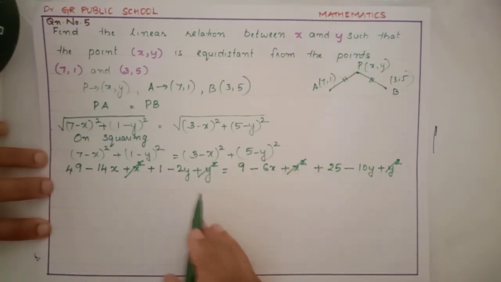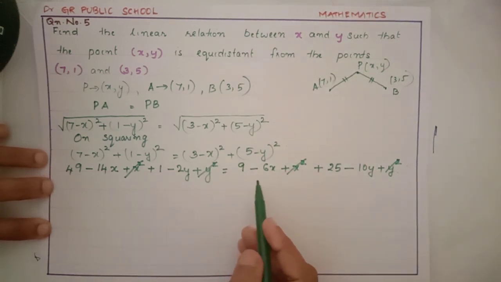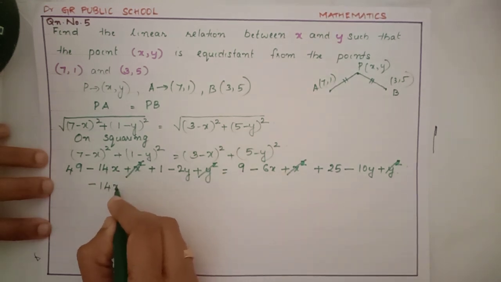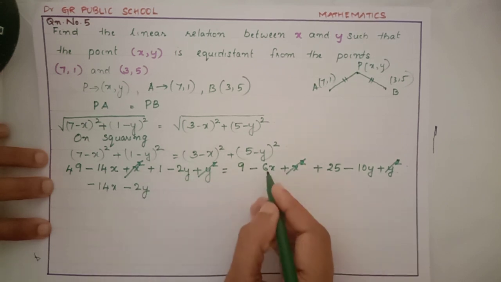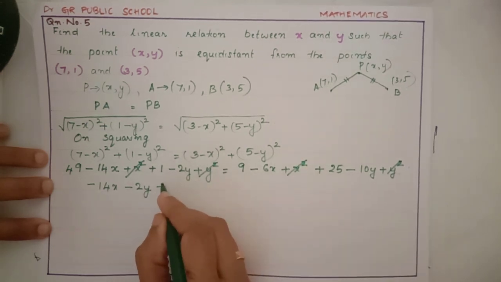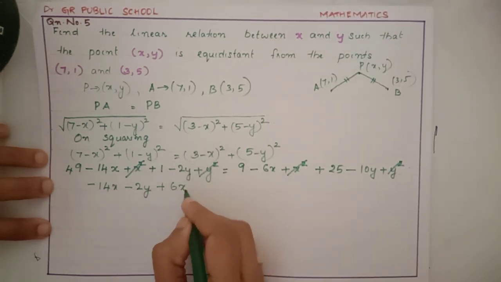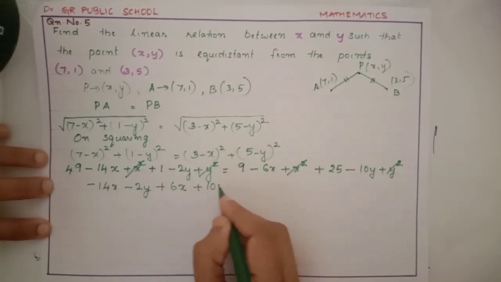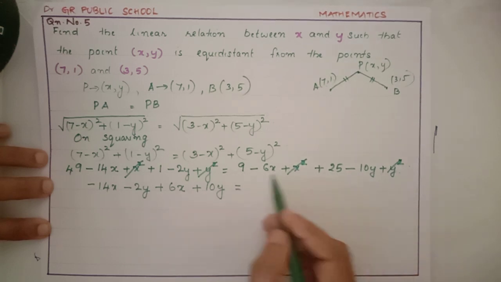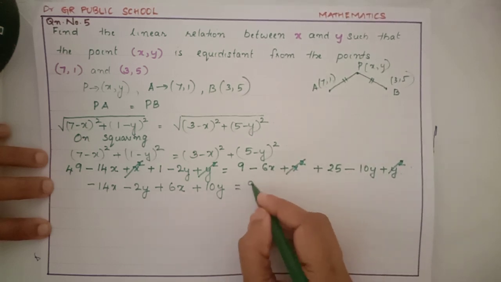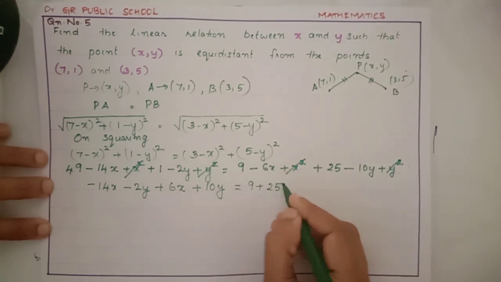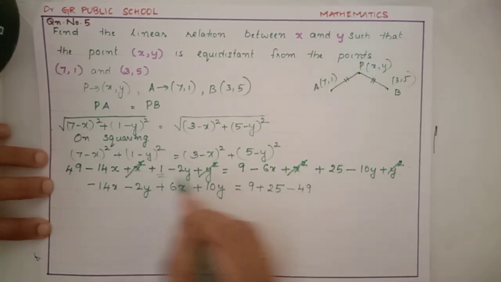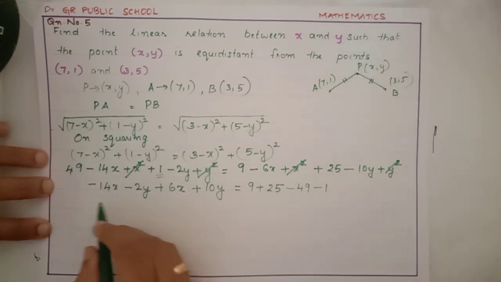Now, for the remaining terms, we have to collect the variable terms on one side. So here minus 14x minus 2y. Here minus 6x will come as plus 6x, then plus 10y, equal to the numerical terms, 9 plus 25. From here minus 49, here minus 1.